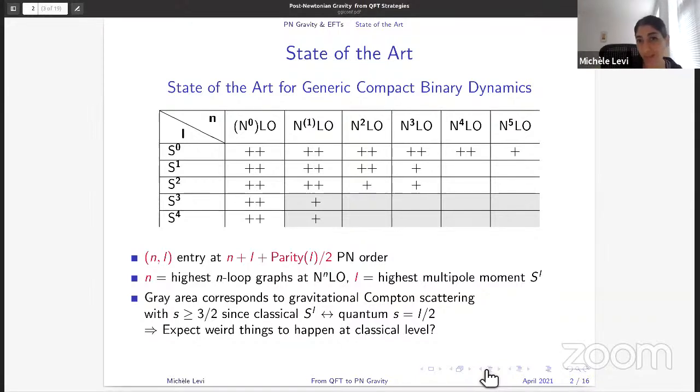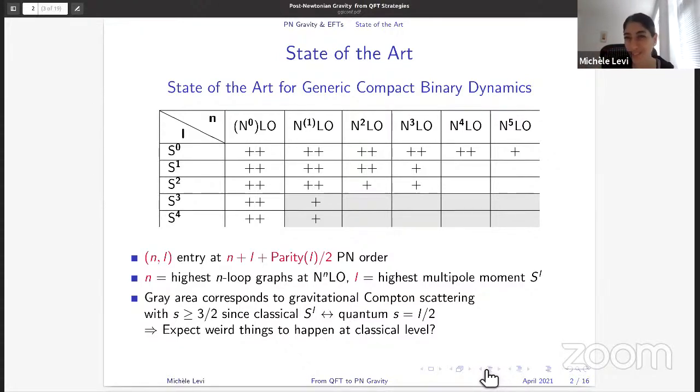So just a general picture of the state of the art for generic compact binary dynamics. All of the computations that I'm interested in are trying to give generic results for black holes and neutron stars, so not only for black holes. In general, there are two parameters which are important to set the difficulty of the computation. That is true also if you're doing post-Newtonian or post-Minkowskian; there are easier ways or harder ways to compute, but nevertheless, the indices that will matter are the index n, which designates the highest n-loop graph that one encounters in the sector, and the index L, which designates the highest spin.